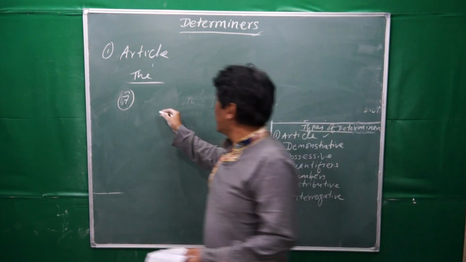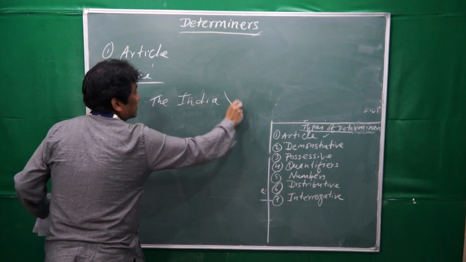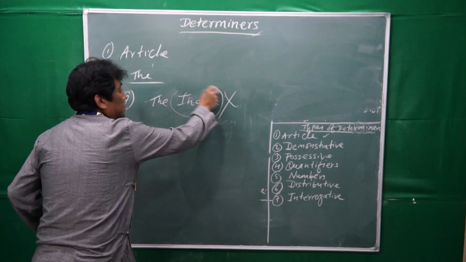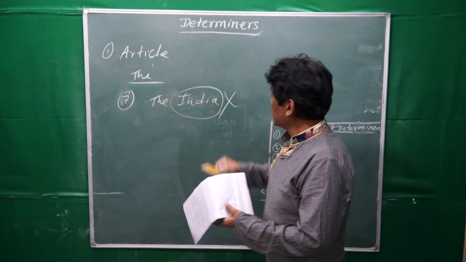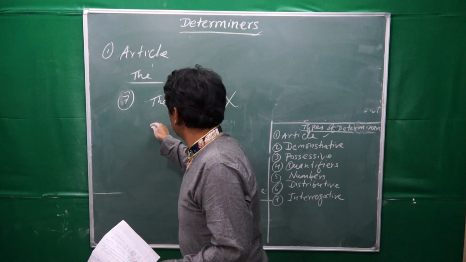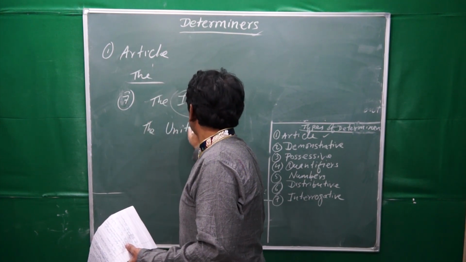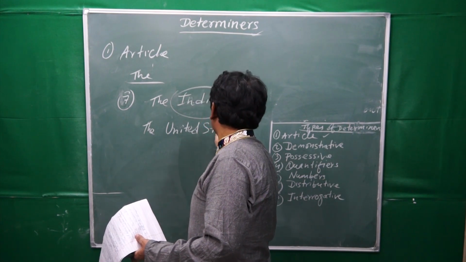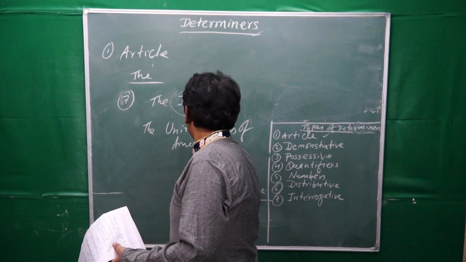Now, I cannot write "the India." I cannot write this, right? This is a proper noun. But I can write the United States of America.